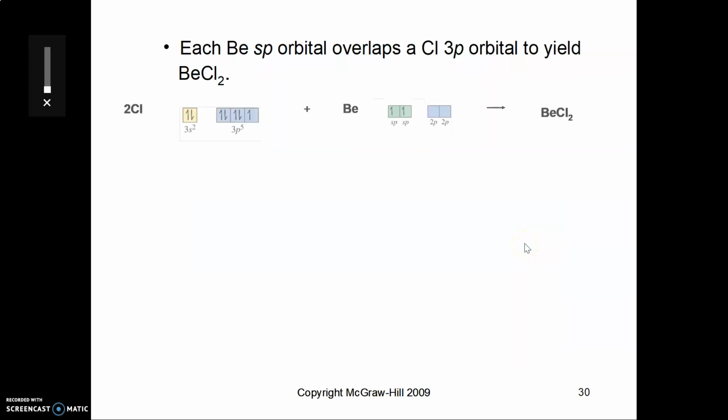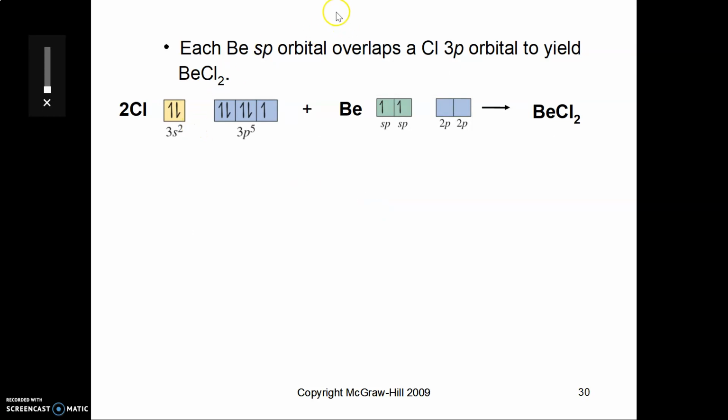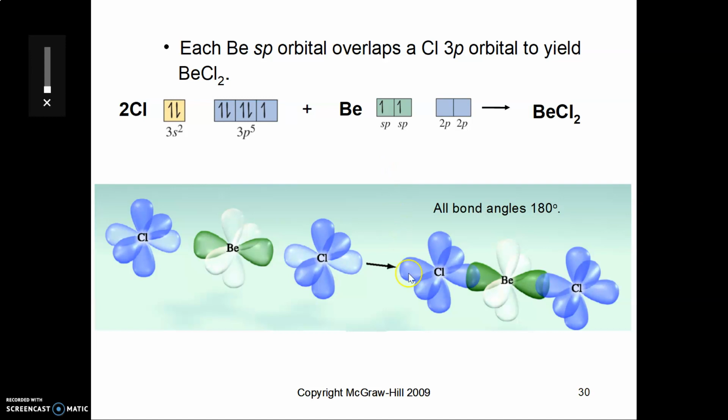So each beryllium sp orbital overlaps with a 3p orbital on the chlorine to get BeCl2. So chlorine 3s2, 3p5, beryllium sp, we get this linear structure, and all bond angles are 180 degrees, right?